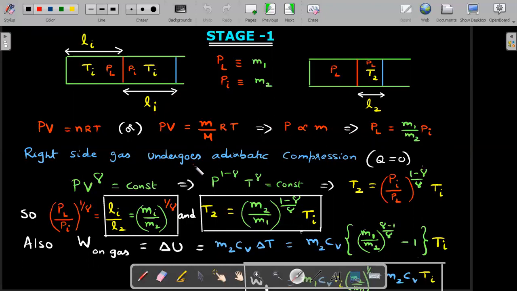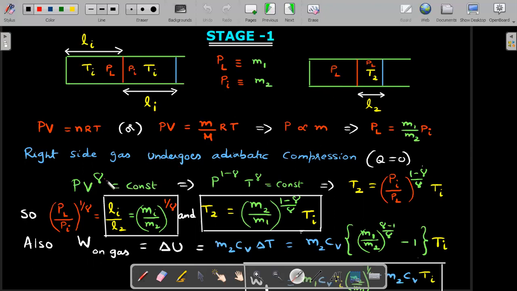Then the right side gas undergoes, as I said, adiabatic compression, where Q is given to be 0. So for this gas only, I'm using the first law. Okay, so before I use that, I'll just estimate the required value of the final temperature I need. So the temperature Ti of the right side changes to temperature T2. I'm not even worried about the left one. The left one is an isolated one in stage 1.